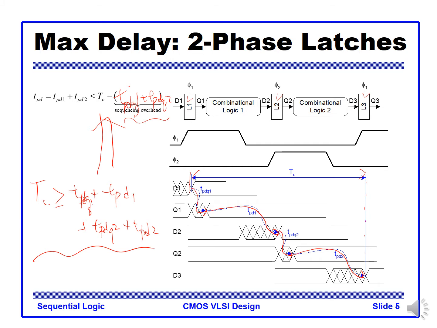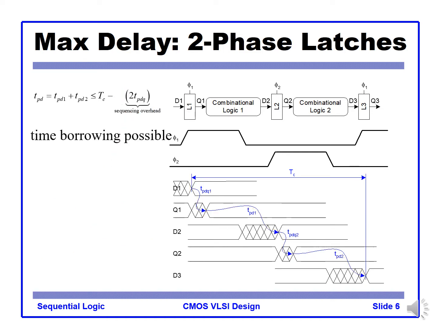This is the sequencing overhead that comes from the latch delay. If we assume that TPDQ1 and TPDQ2 are equal, we can write down 2 TPDQ. This is the sequencing overhead.